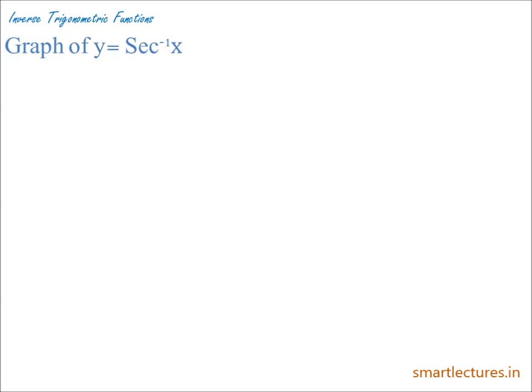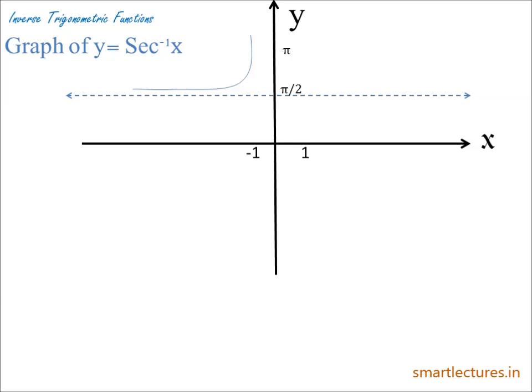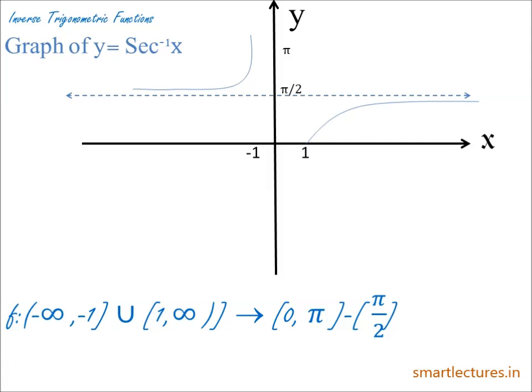Again, to draw the graph of y is equal to secant inverse x, we interchange the x and y axis in the graph of y is equal to secant theta. For the secant inverse function, its domain is from minus infinity to minus 1 and from 1 to infinity, and the range is from 0 to pi except at half pi.